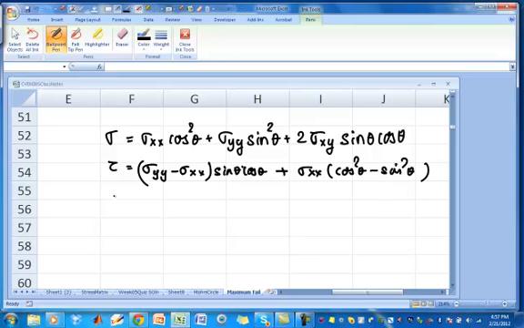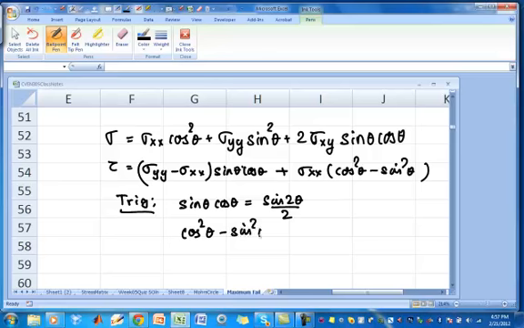Now we will use some trigonometric formula, which says sin theta cos theta is sin 2 theta over 2. Cos squared theta minus sin squared theta is cos 2 theta.